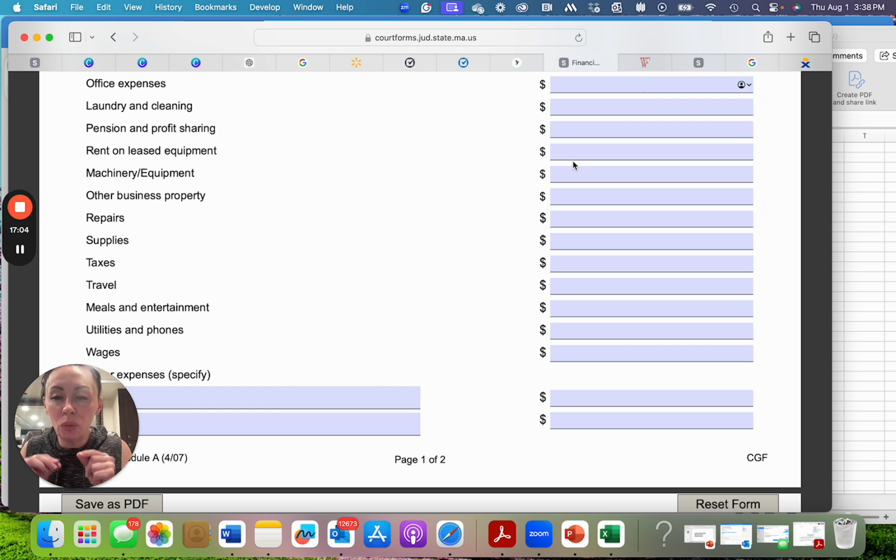Whatever number you use, it's good to keep subcategories, as I mentioned, a trail, so we know what went into this figure. Because office expenses is kind of generic, it's very broad. There's a lot of things that make up office expenses.